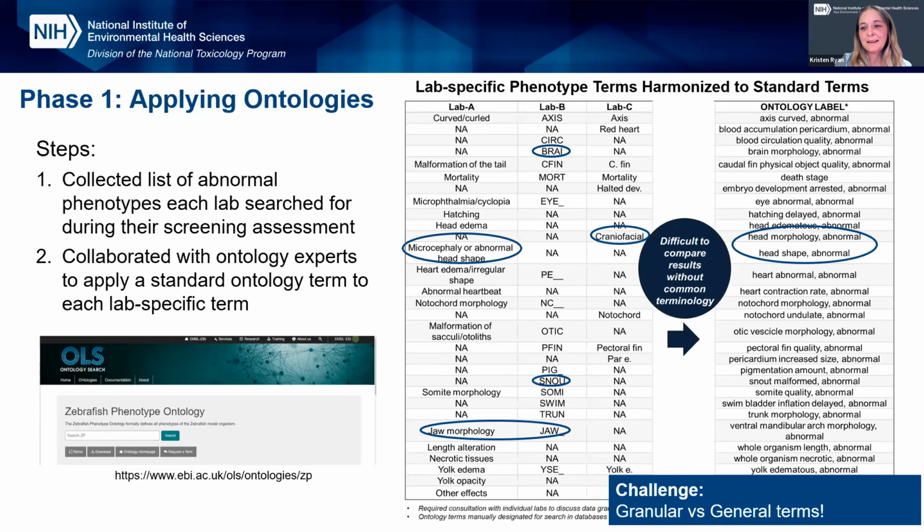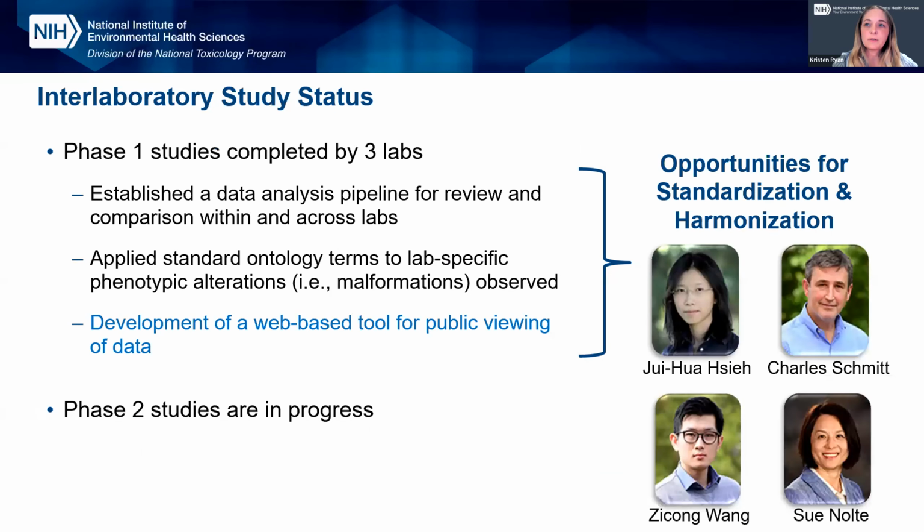And so I won't get into this today, but the application and use of standard ontology terms can unfortunately reduce the granularity of some of the information, and this needs to really be discussed among the scientific community. So the very last part of my talk is going to be about our development of a web-based tool.